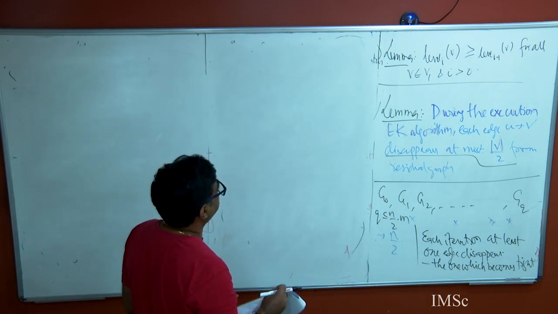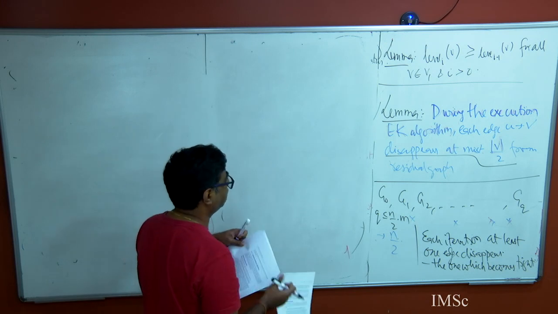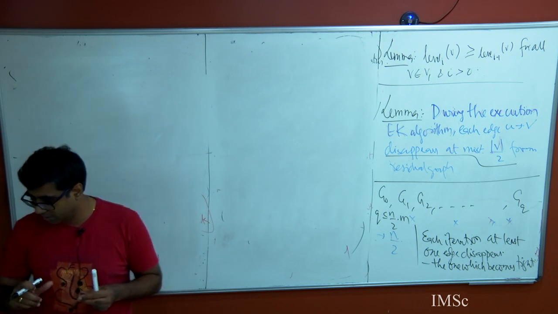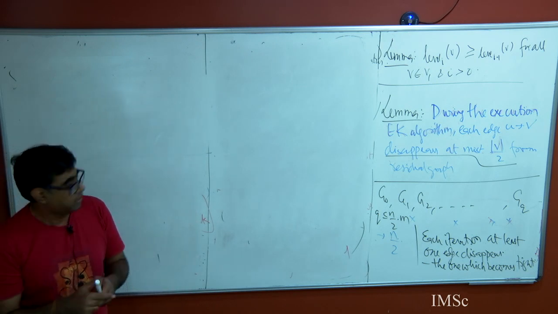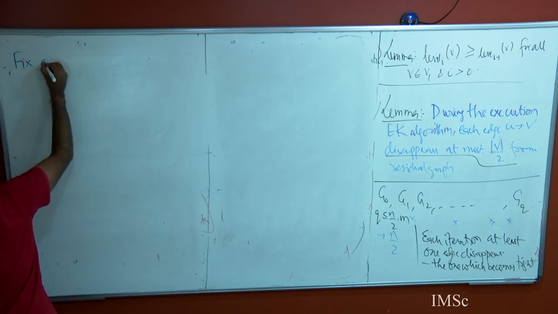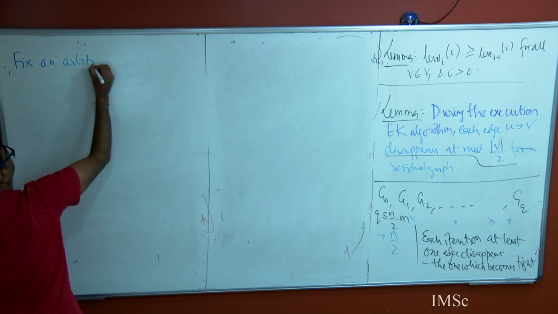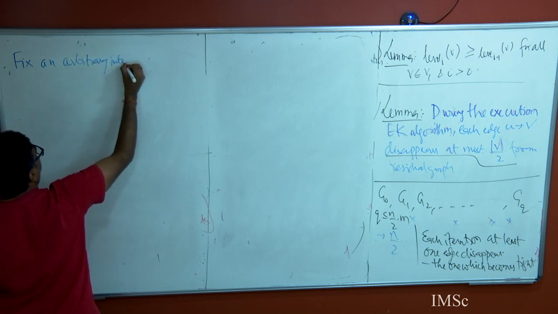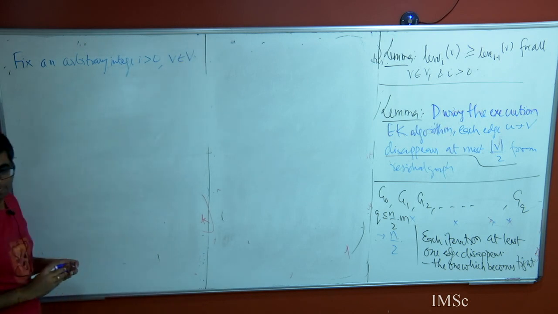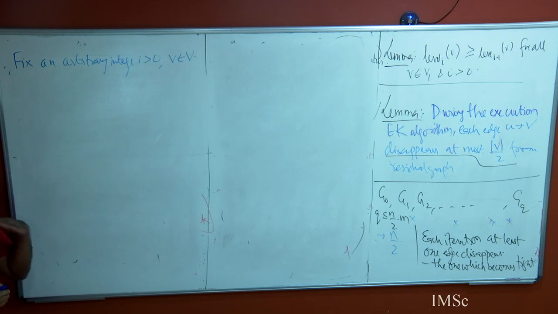Okay, so now how are we going to prove this? Generally these kinds of things are proved using induction, so we will also apply induction. We fix an arbitrary integer i greater than or equal to 0 and v in V. So we are going to apply induction on level number, but not on index, not on the ith round, but on level.